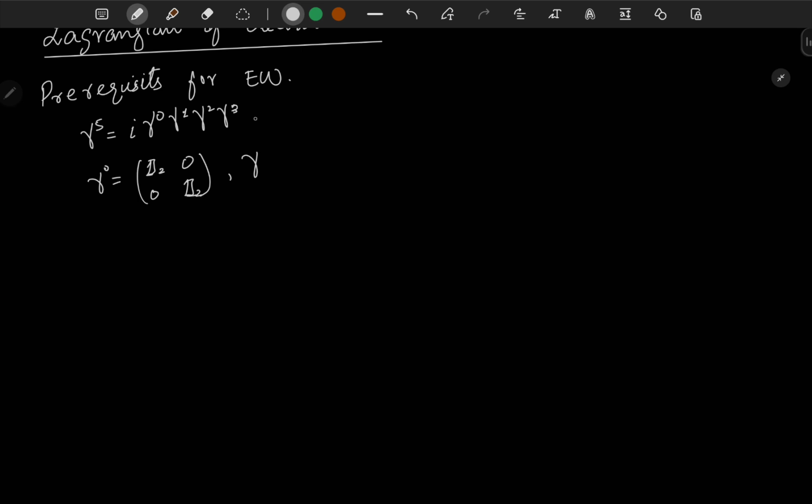I can combine gamma 1, 2 and 3 and write it as gamma i, and gamma i are written in terms of Pauli matrices. And then gamma 5 is like this.